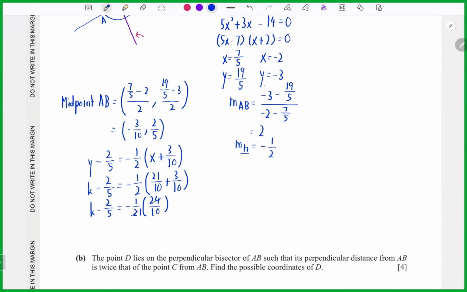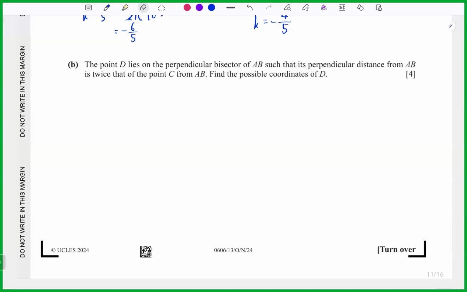So 1 over 2 of that, here you will get negative 6 over 5. k minus 2 over 5 equals negative 6 over 5, right? So k equals 2 over 5 minus 6 over 5. So k, you will get the answer is negative 4 over 5 here.